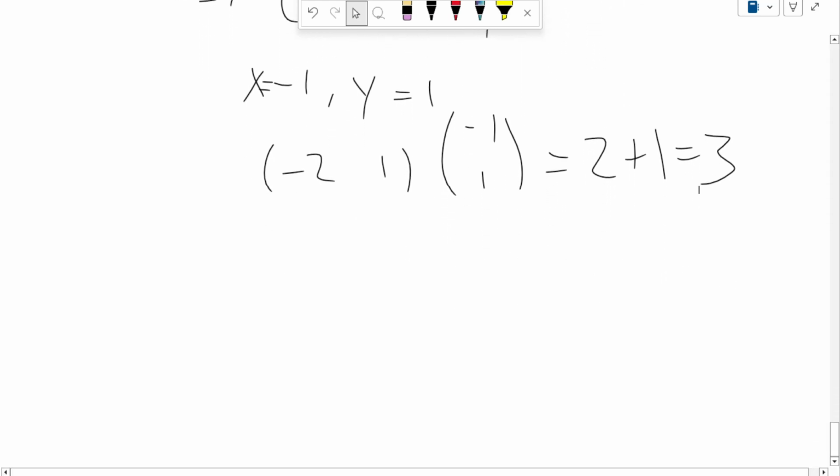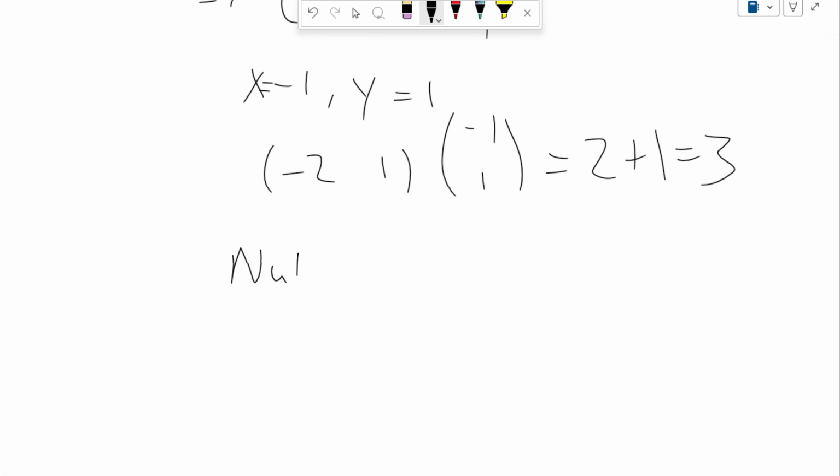And so it turns out our whole solution set is going to look like the null space of A plus this column vector negative 1, 1.